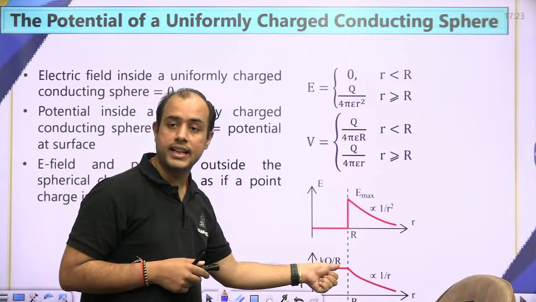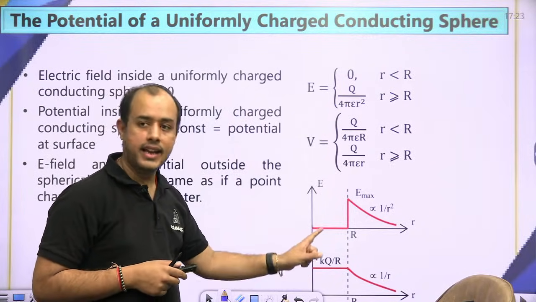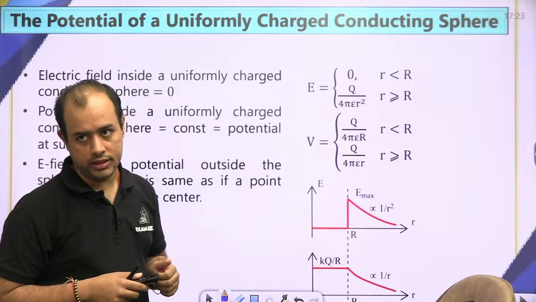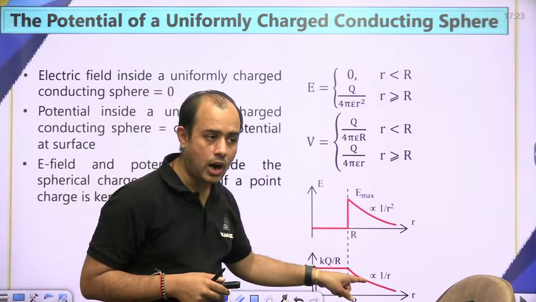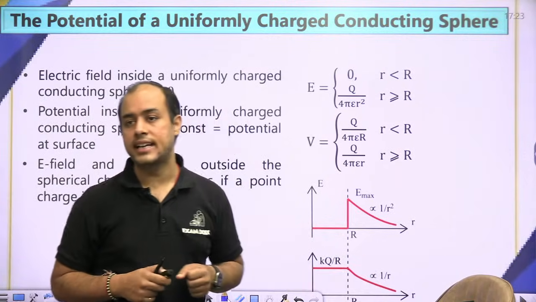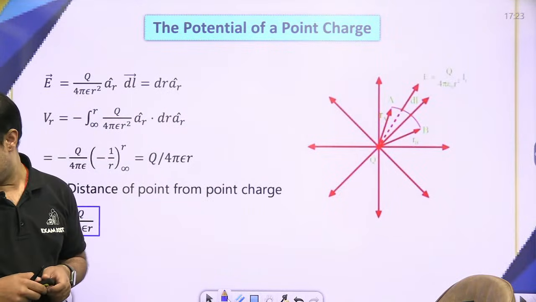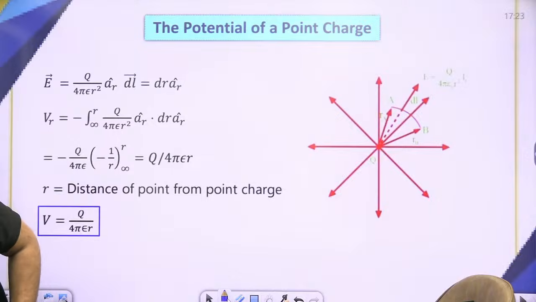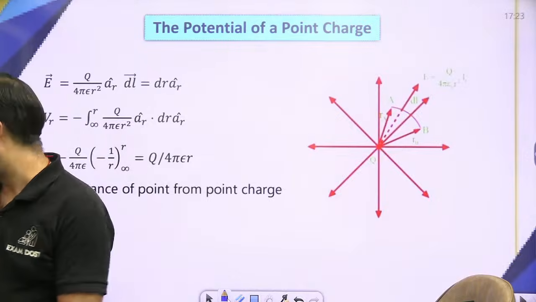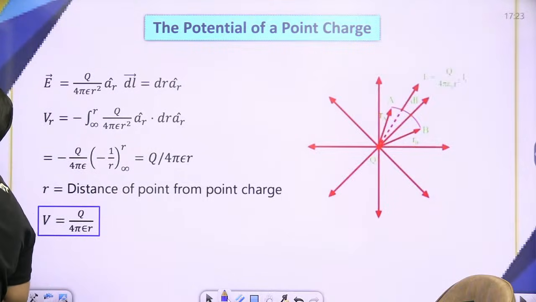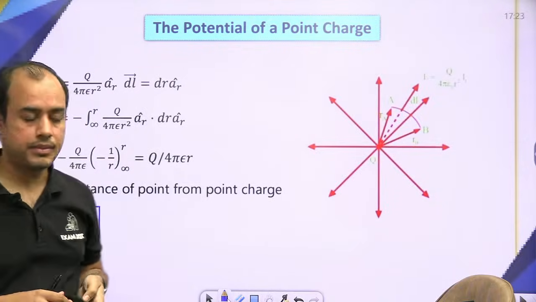It is same as the potential on the surface. And outside, it is just like a point charge. It varies as 1 by r. बाहर ये point charge वाली ही value होती है और ये 1 by r की तरह vary करता है. Is that clear?